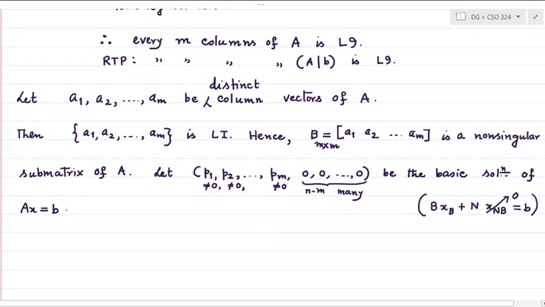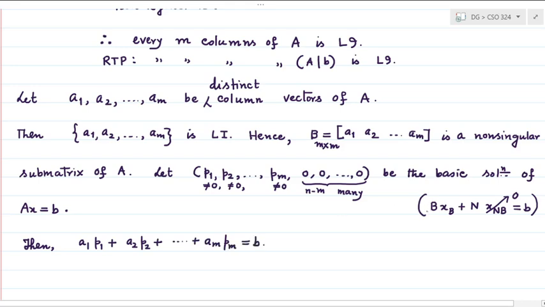Fine. And once you have this, then obviously you have the following: a1 p1 plus a2 p2 plus ... plus am pm is equal to b.